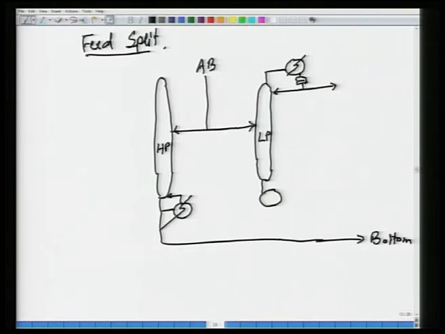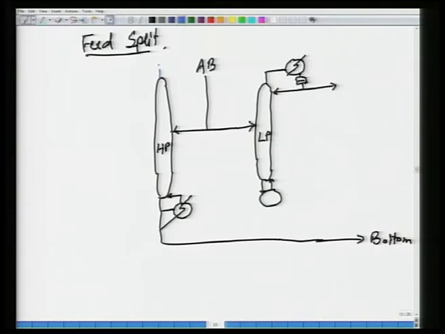The liquid comes down here, there is some reboil going here, and the hot stream that is used to reboil the liquid in the low pressure column is this hot vapor.